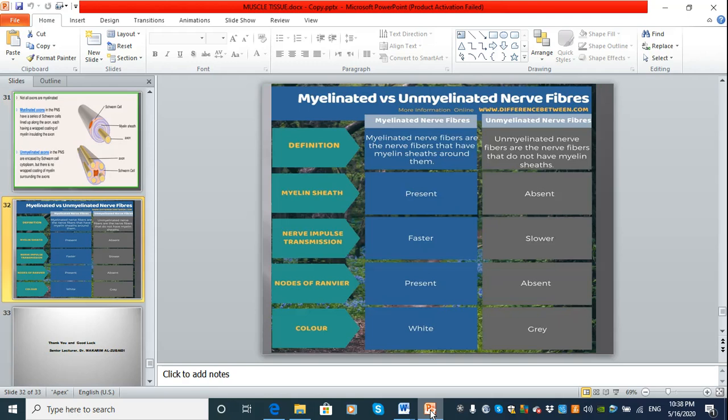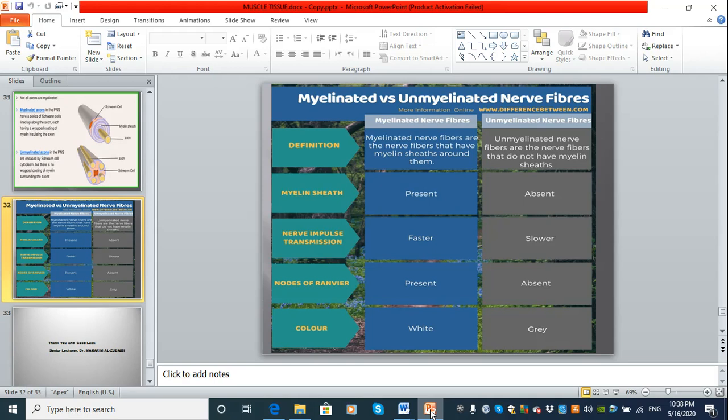I also give a nice table that is very easy to follow. If it is a myelinated fiber, that means it is covered by a myelin sheath. If it is unmyelinated, it is obviously clear: myelination is present in one and absent in the other.